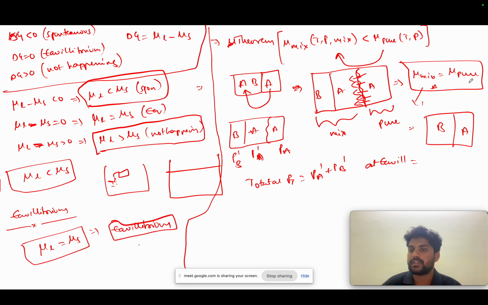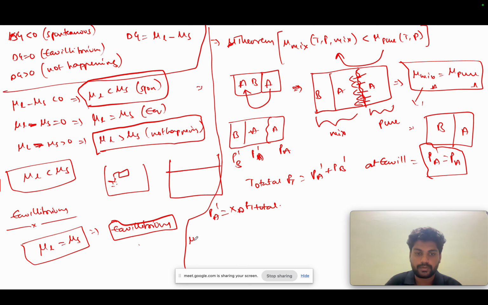So the mixture of A is equal to pure A. Believe me on this, because we are saying the potential is the same, then the pressure will also be the same at these two conditions. Then we know from Dalton's law, it equals P total.